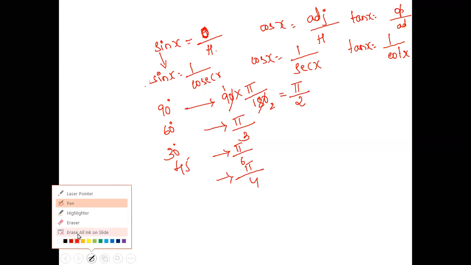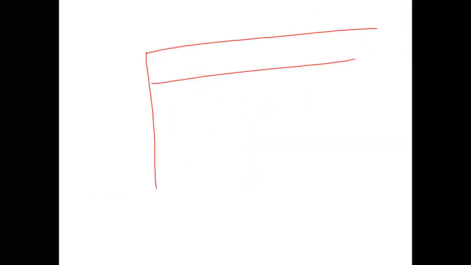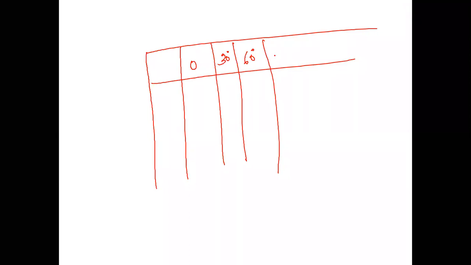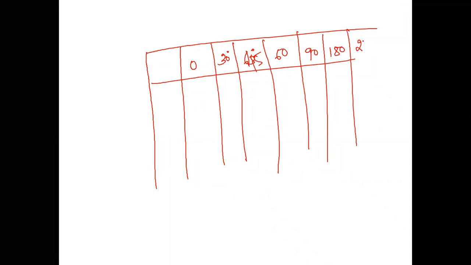Let's see how many values you remember. Okay. So again I have to draw a table. I'll try to draw the table. 0 degree, 30 degree, 45, and then 60, then 90, 180, 270, and 360.